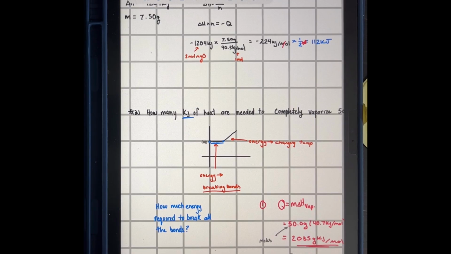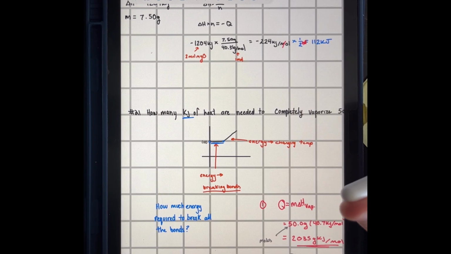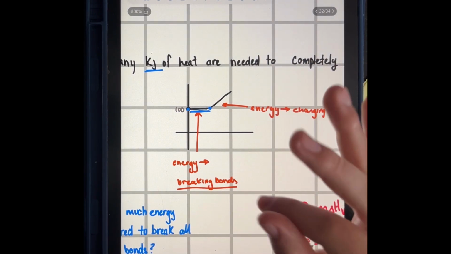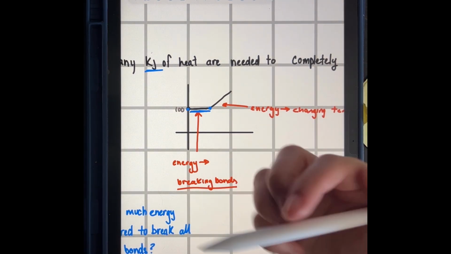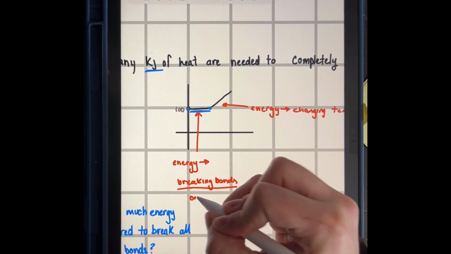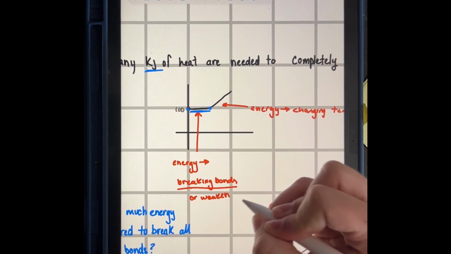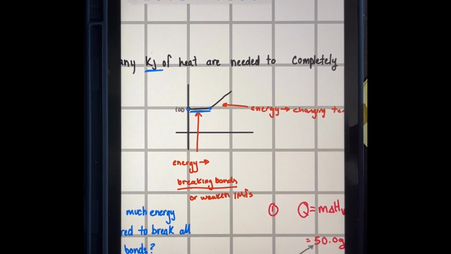Okay, so in a heating graph, oh, I see. In a heating graph, so this one's a heating graph, the energy is going towards breaking bonds or weakening forces. Sorry, or weakening IMFs. And then in a cooling graph, okay, so these are actually different.